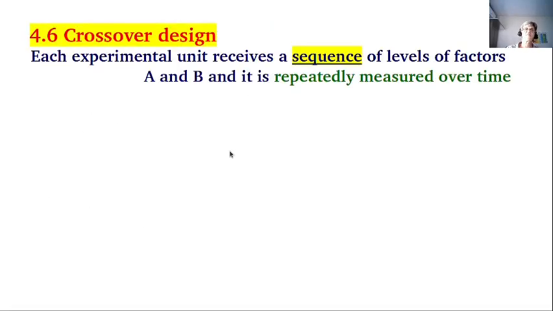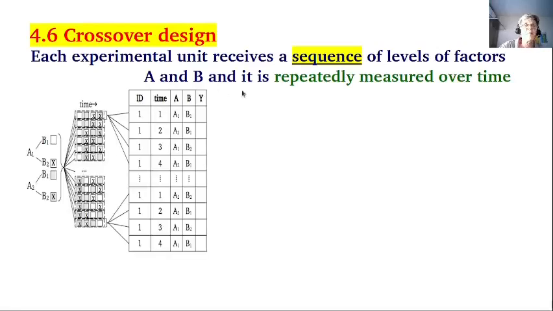The crossover design is different from the repeated measure design. Here, each experimental unit receives not a single combination of the levels of factors A and B, but it receives a sequence of levels of the factors A and B, and is measured repeatedly over time.